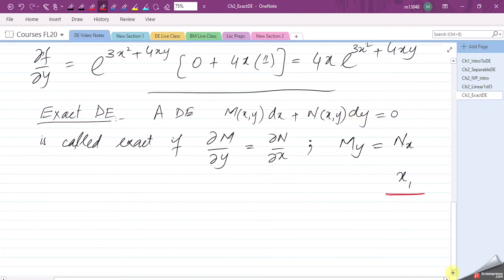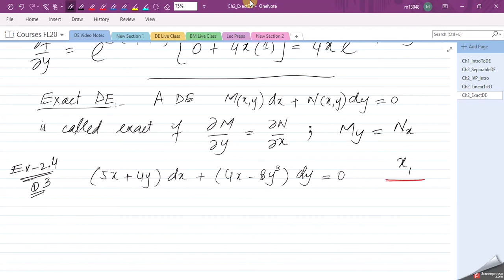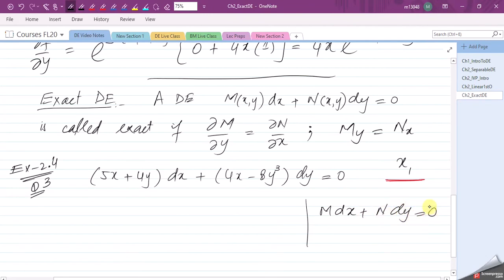Okay, let's take an example. (5x plus 4y) dx plus (4x minus 8y cube) dy equals 0. The first important point here is that the equation must be in the form some function dx plus some function dy equals 0.